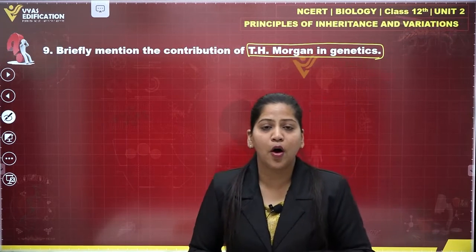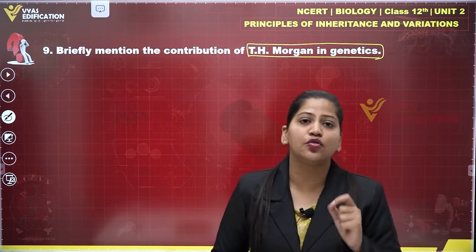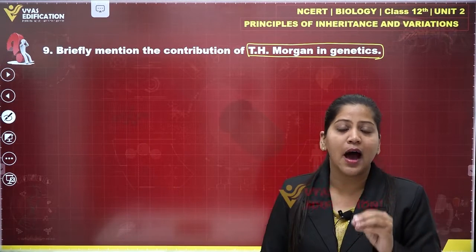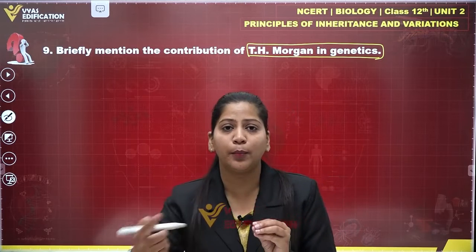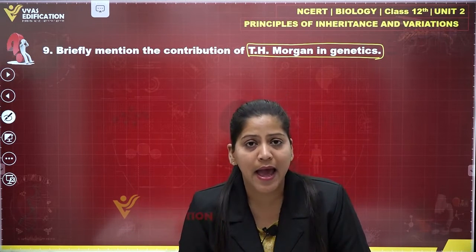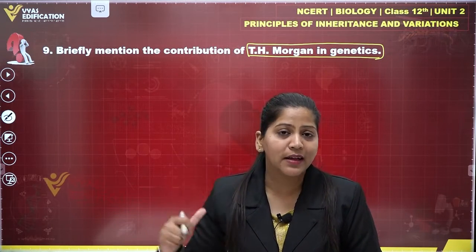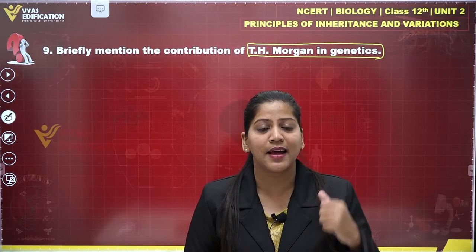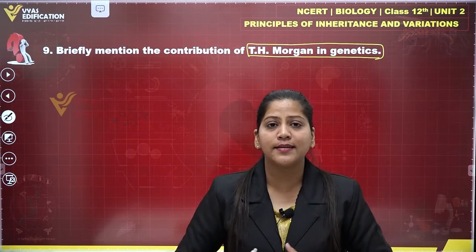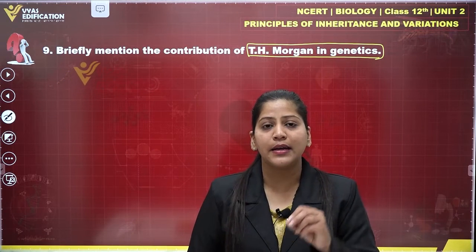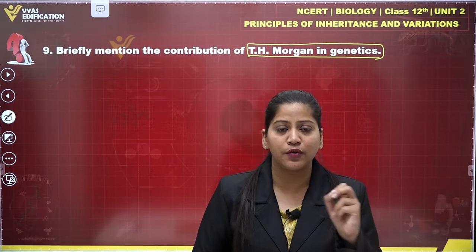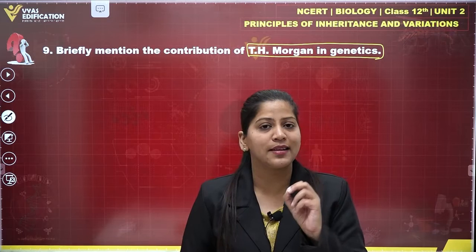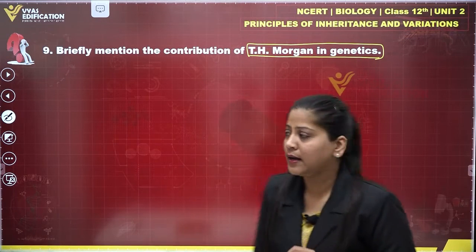He also performed dihybrid crosses in Drosophila to show that linked genes are inherited together into the progeny and are present on the X chromosome. The dihybrid cross performed in Drosophila melanogaster by T.H. Morgan showed us that linked genes are inherited from generation to generation together and are present on the sex chromosome, that is the X chromosome. Alright.